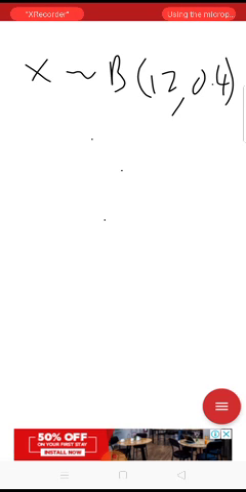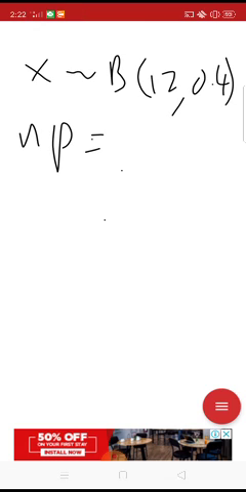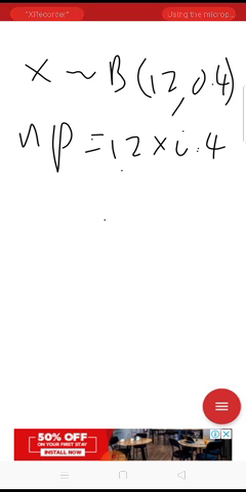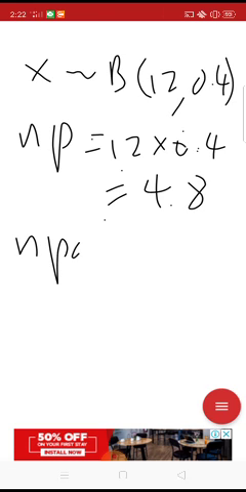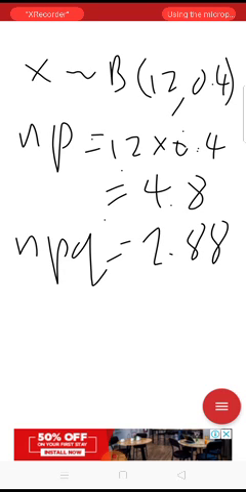In step 1, the mean is np, which is 12 times 0.4, so you have 4.8, and your variance will be npq, 4.8 times 0.6, which is 2.88.